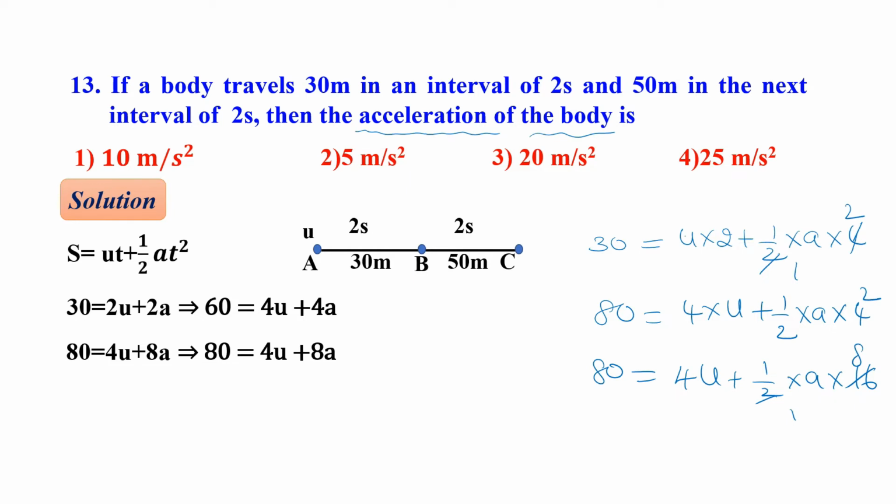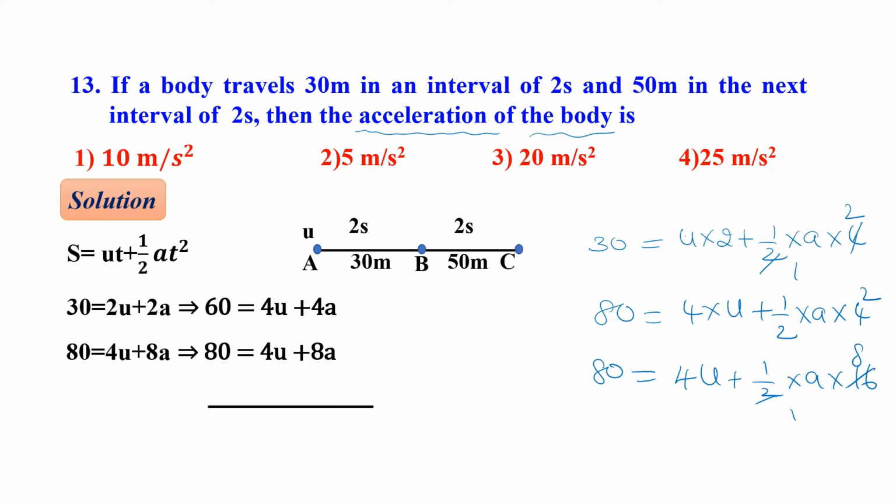So this equation becomes 80 is equal to 4u plus 8a. To equate this, we multiply the first equation with 2. So this equation becomes 60 is equal to 4u plus 4a, and 80 is equal to 4u plus 8a.